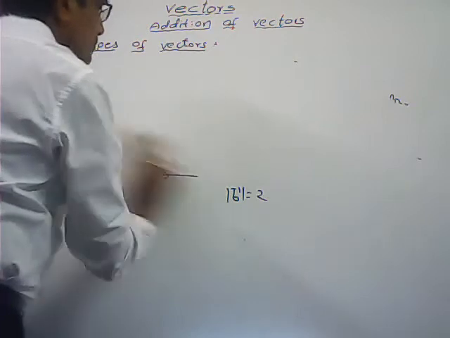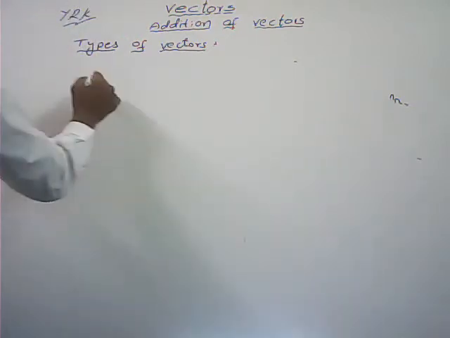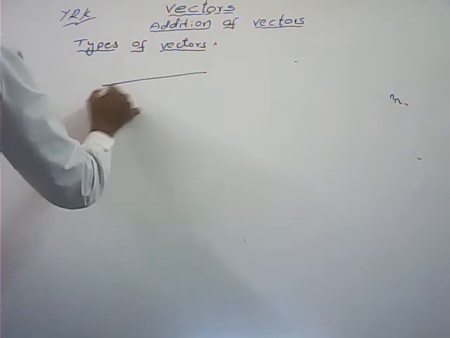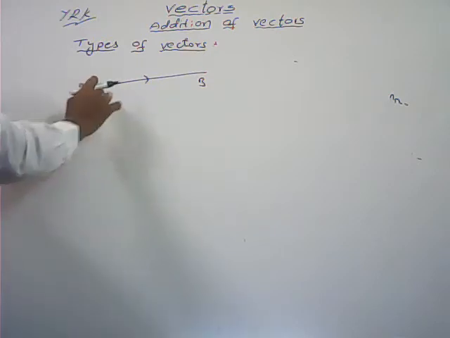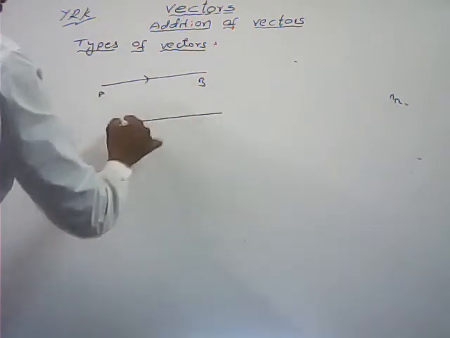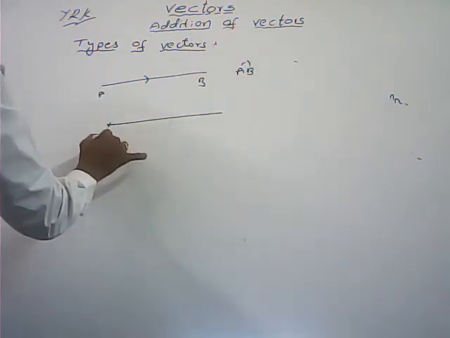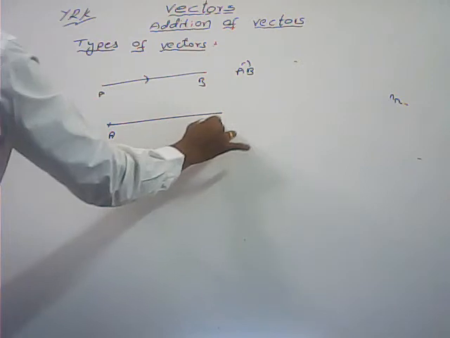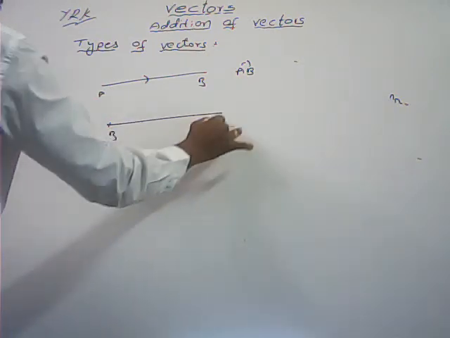Next, negative of a vector. This is very important. AB bar is one of the vectors, its initial point is A and the terminal point B. If I change the direction, here I am writing BA bar.